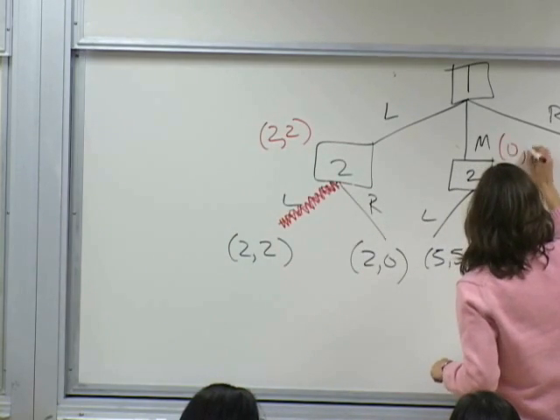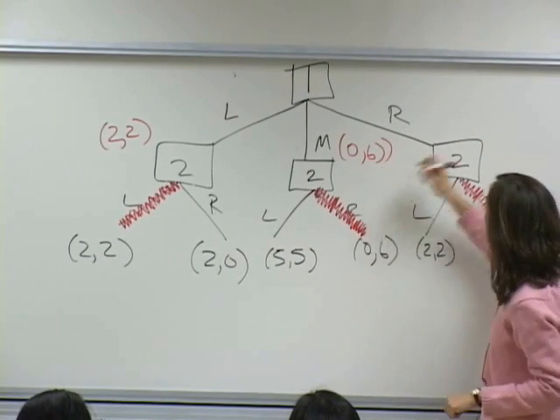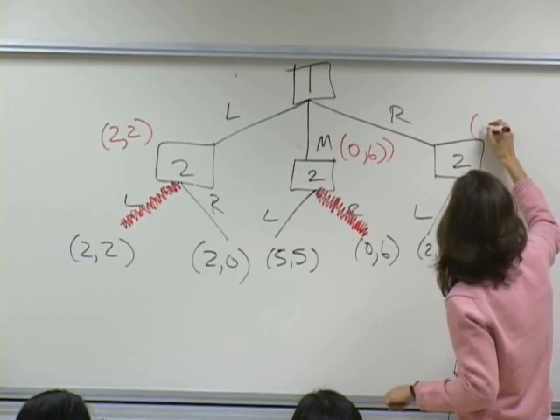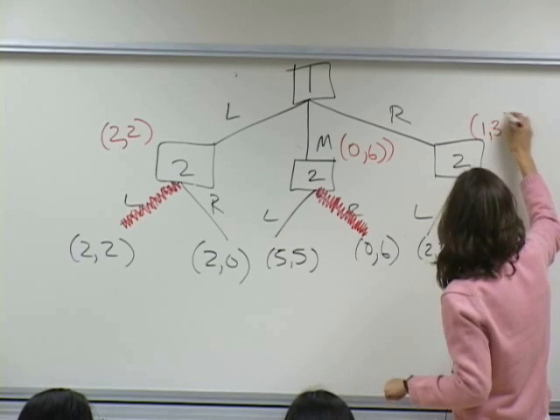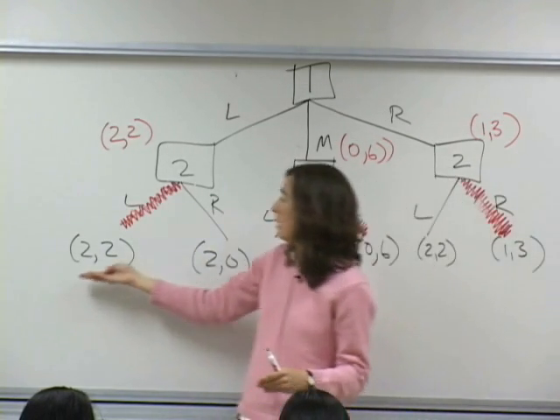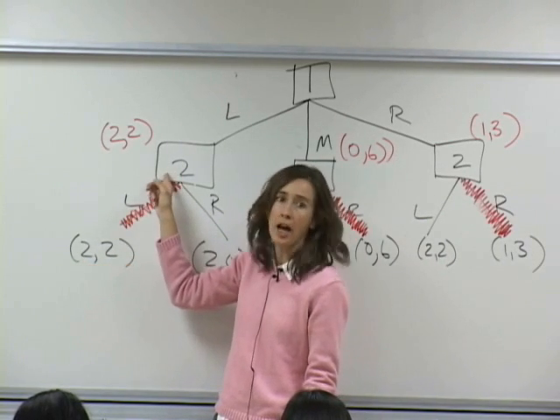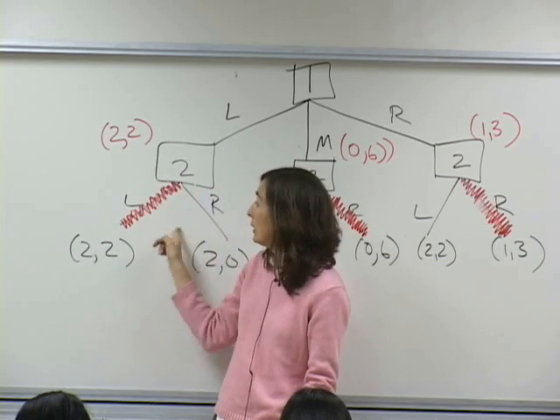The strategic equivalent of the middle node is 0, 6. And the strategic equivalent here is 1, 3. Okay, so I'm copying the payoff that corresponds to the action that we think player 2 is going to take here.